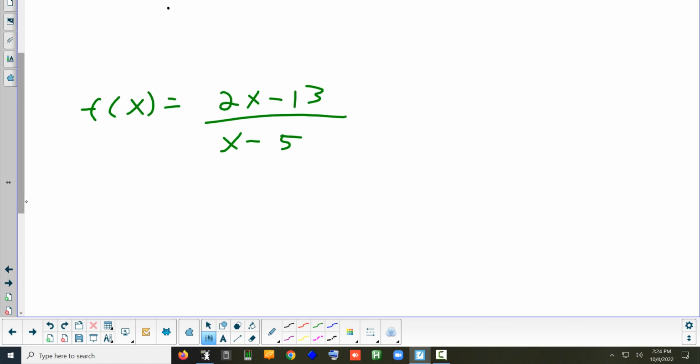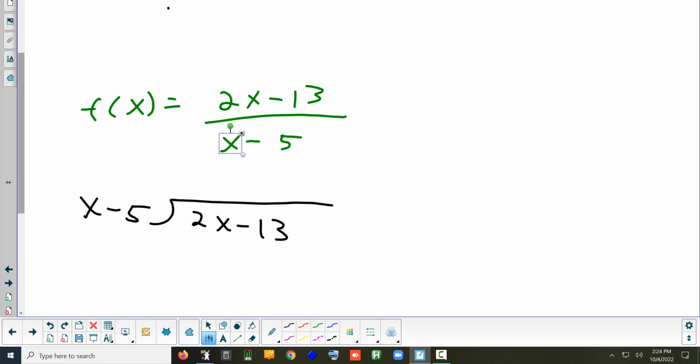So let's take and divide x minus 5 into 2x minus 13, just like we learned yesterday. Let's divide this out and see what we got. So take x minus 5 and divide it into 2x minus 13. Now, remember one way I showed you can write your answer when you do this problem. Quotient plus your remainder over your divisor.